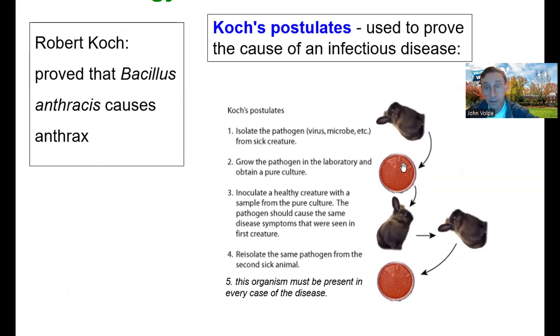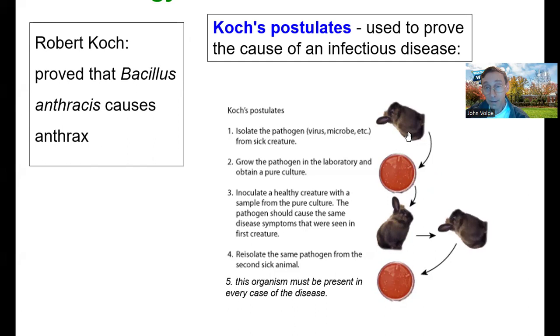So you isolate it as a single colony and then streak it out on another plate, isolating it from a single colony, then grow it up as a pure culture, take the pure culture, and then inject it into another individual, or another bunny in this case. And if this bunny becomes sick, the poor bunny.